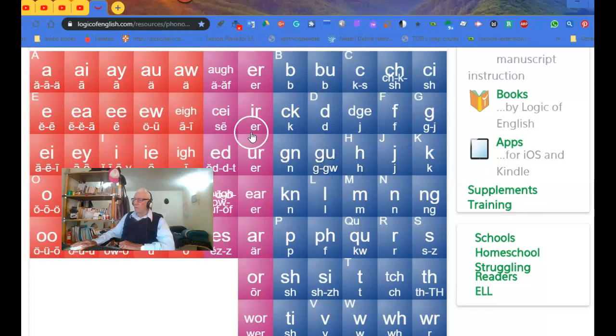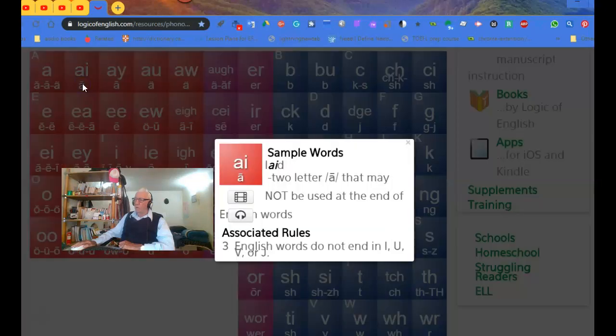So let's go to the next one, which is the two-letter A, I, and it has the long mark over it. It is called the name of that. Let's listen to that. A, two-letter A that may not be used at the end of English words.